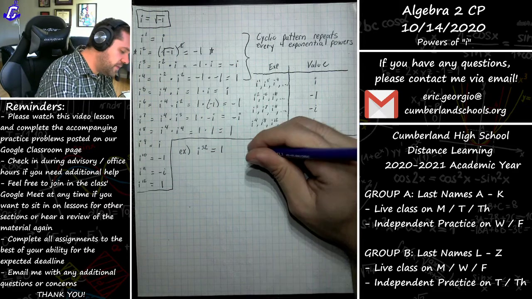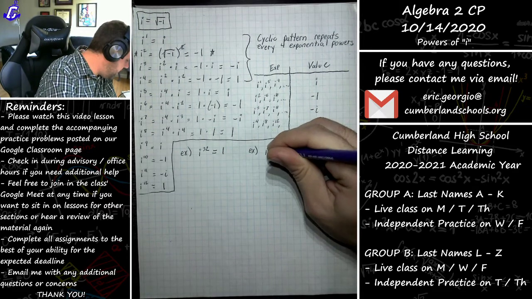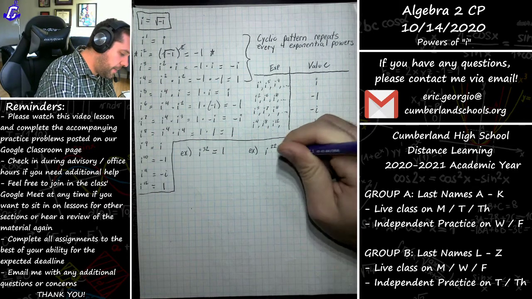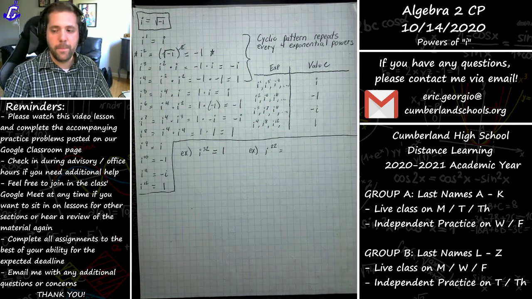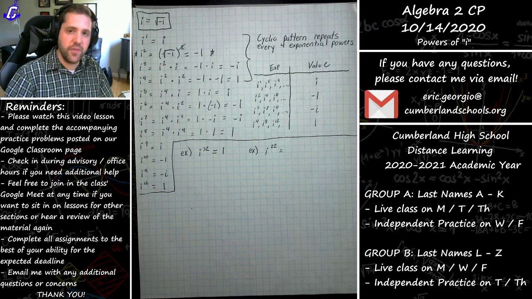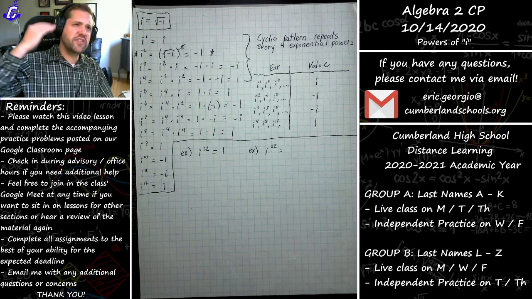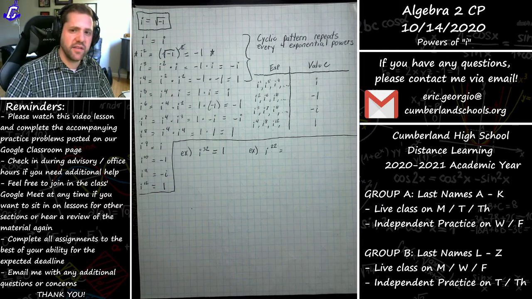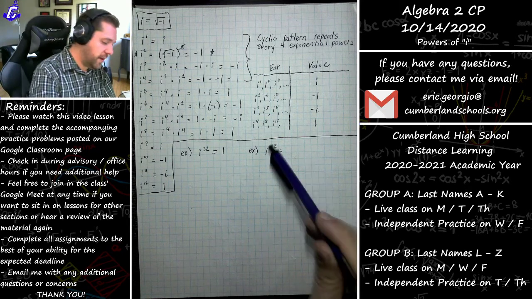How about something that's not a multiple of 4, though? How about like i to the 22nd? Not a multiple of 4. Well, what you could do is count to the closest multiple of 4, figure out what that is, and then see how many additional spaces we need to go in order to get to my target.